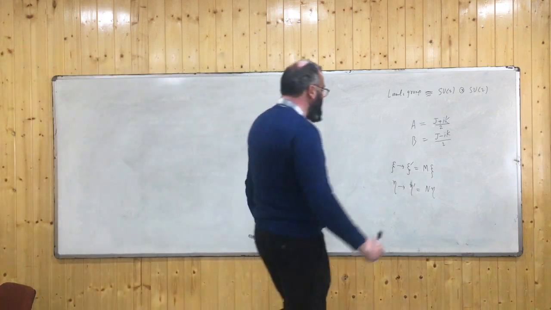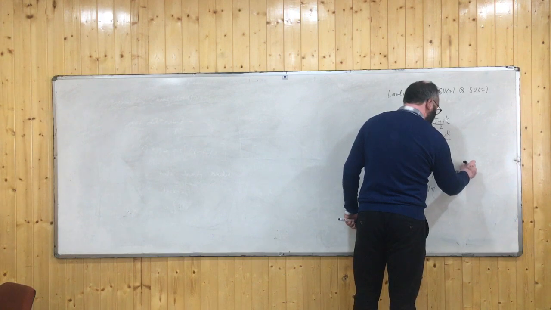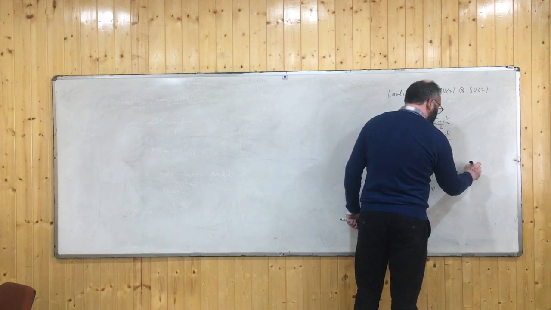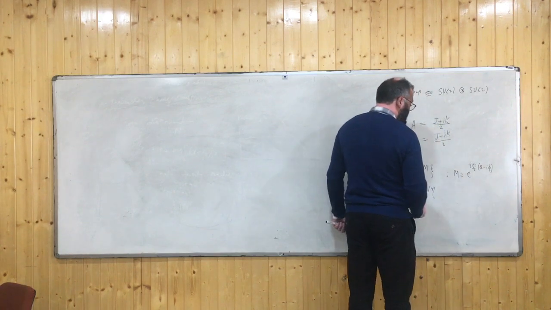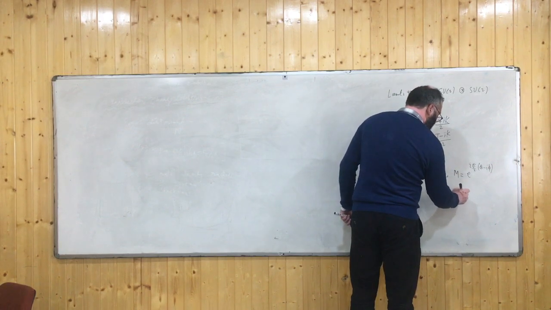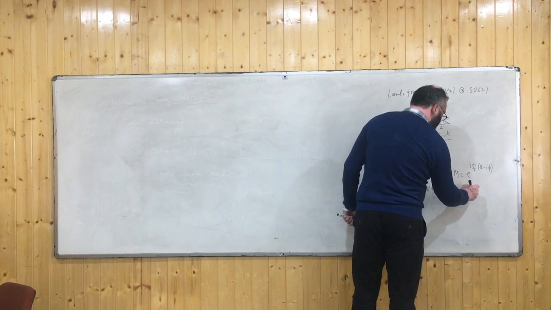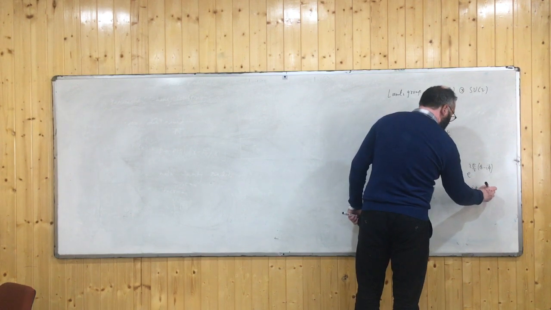Now what is the form of this M? Anybody? M is equal to e raised to i sigma by 2 dot theta minus i phi, probably. Clear? And then N is equal to e raised to i sigma by 2 dot theta plus i phi.